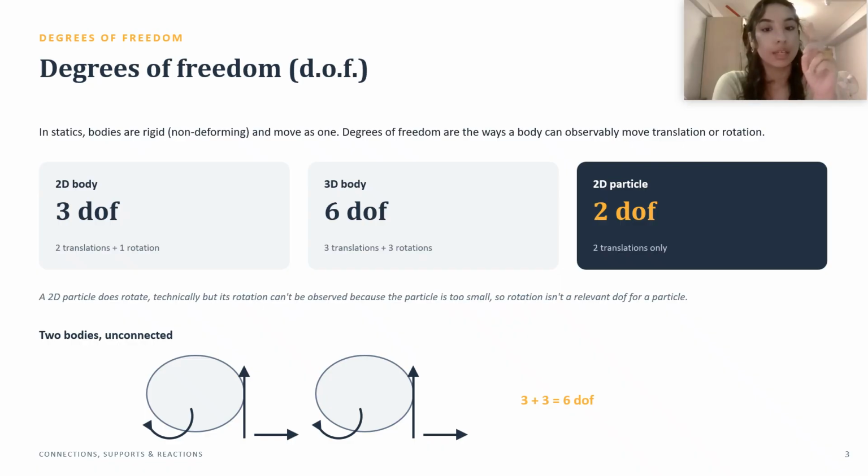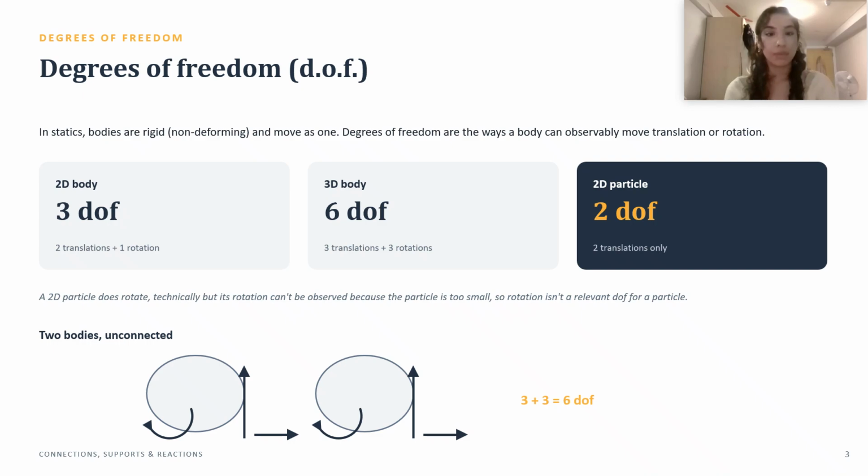Now, a 3D body, that is like anything you can find, maybe a cube, a cuboid. So you could move it like this, and like this, because if you think about a 3D axis, you got X, Y, Z. These are the 3 translations you could move, and then you got 3 rotations.